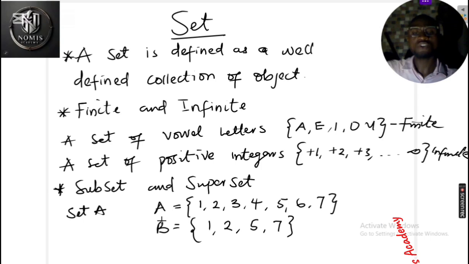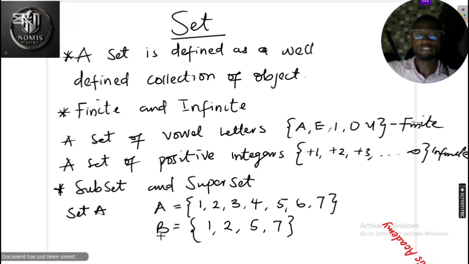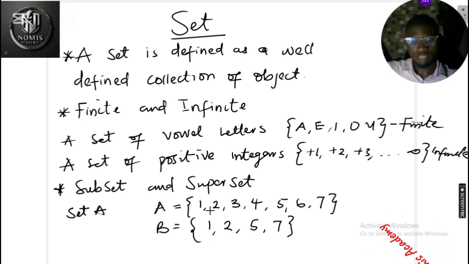Because A has all the elements in set B without anyone remaining. So we say that A is a superset of B, while B is a subset of A. So that is the difference between subsets and supersets.